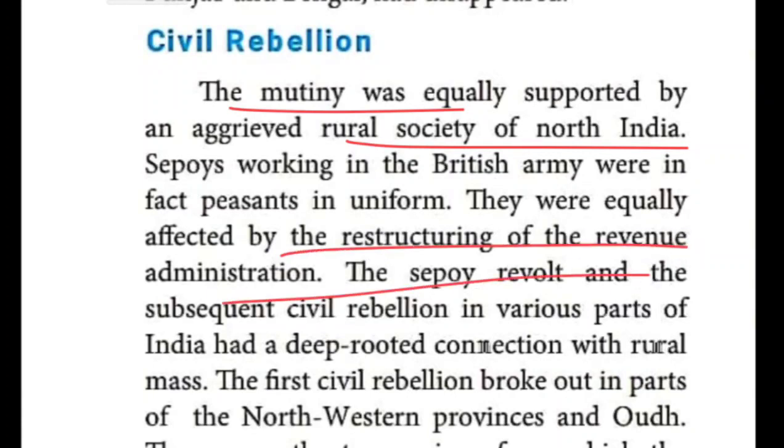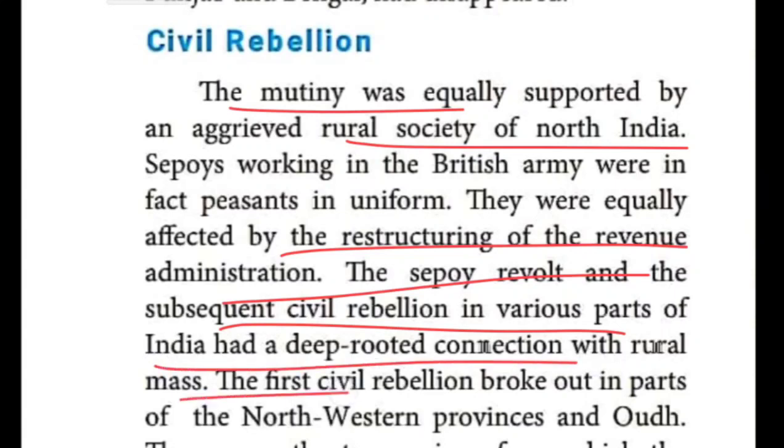Then, the sepoy revolt as well as the subsequent civil rebellion in various parts of India had deep-rooted connections with the rural masses. The first civil rebellion broke out in the northwestern provinces as well as Oudh.